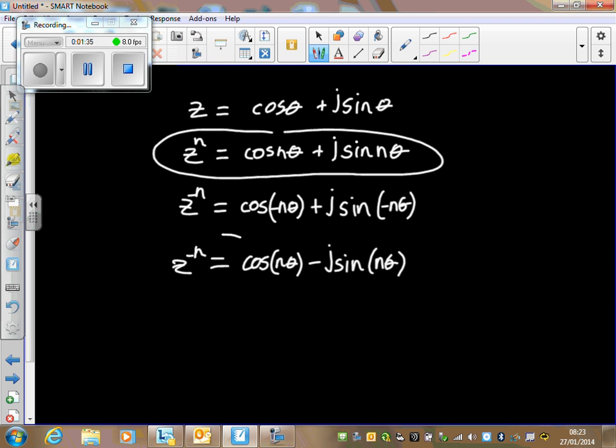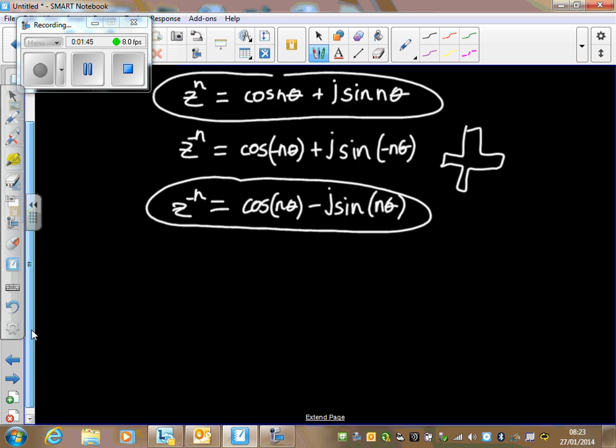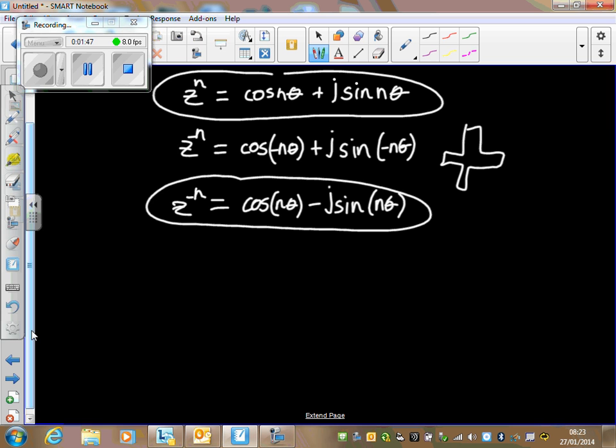Now, if we look at this one, we're going to add these two expressions together. Z to the n plus Z to the minus n, that's the left-hand side, is going to be equal to 2 lots of cos n theta.